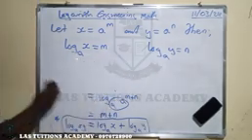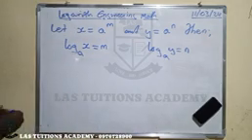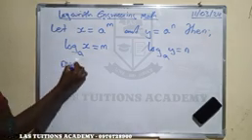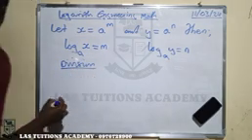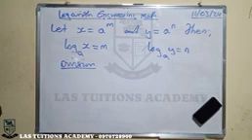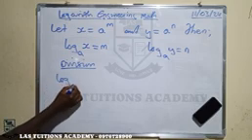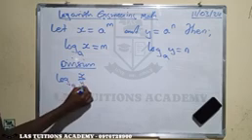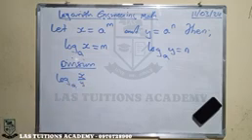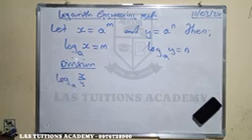So under division, we are saying if we have log, the base is a, and then we have x over y. This is one log, but here you have x over y. So what should you do?